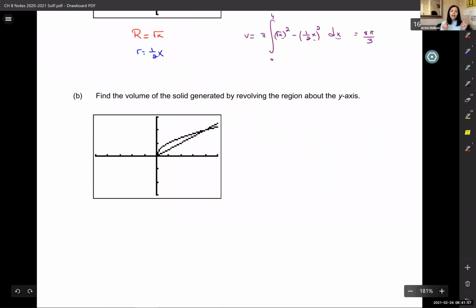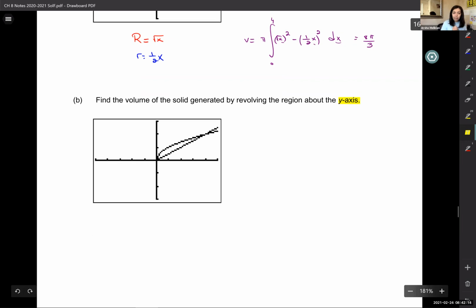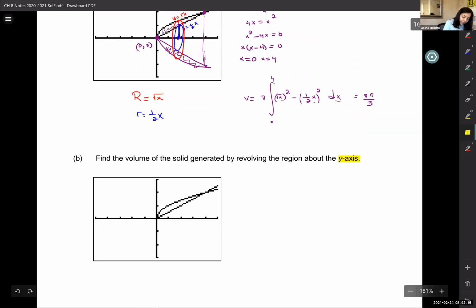Okay, now we're going to change things up a bit. Now, this next question says, to find the volume of the solid generated by the same functions, but now by revolving the region about the y-axis this time. All right, so now I'm going to take that same region, but revolve it around the y-axis.